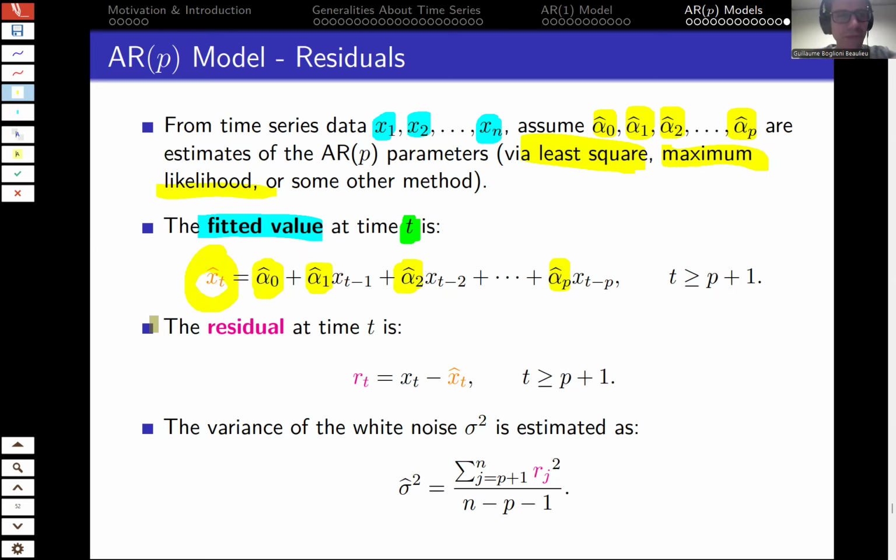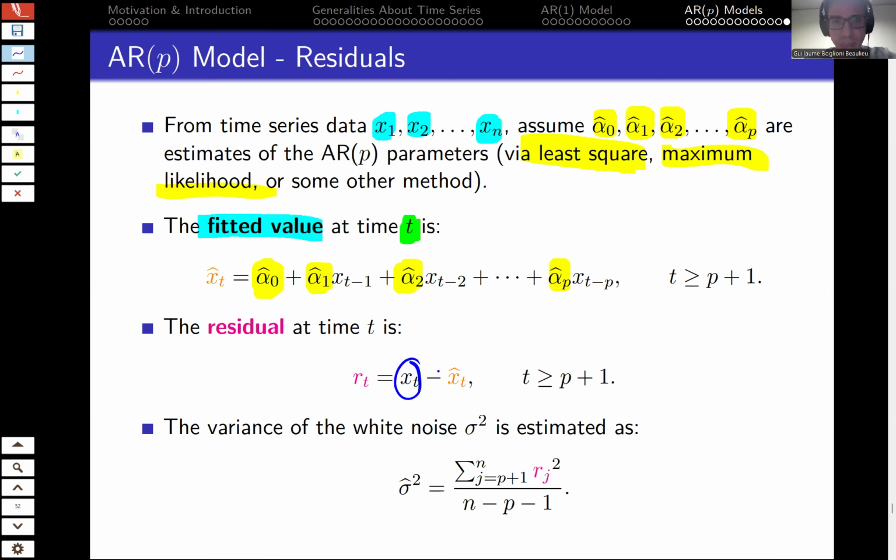Now you could say, if I actually know what xt is, provided that t is smaller or equal to n, that's true. You know what the value is, but those x hat t, the fitted values, you actually use them to find your residuals. And this is what you care about here. The residual is the difference between the actual value and what your model predicts the value should be at time t.